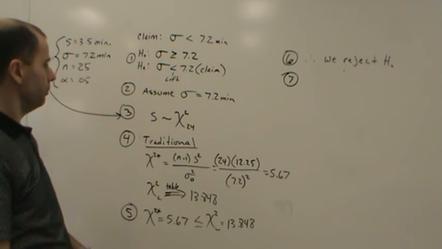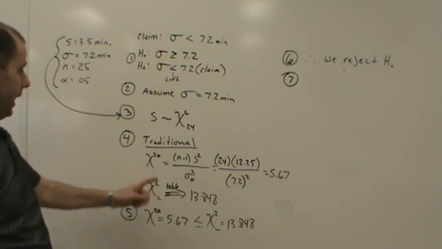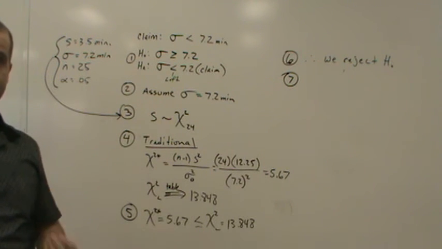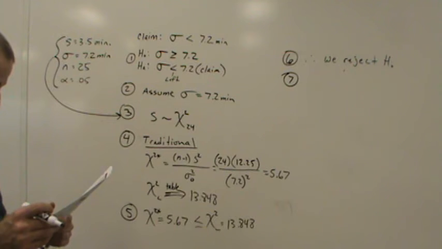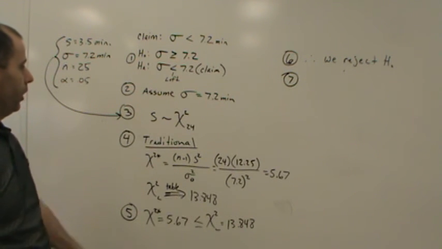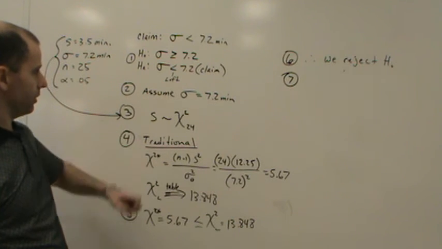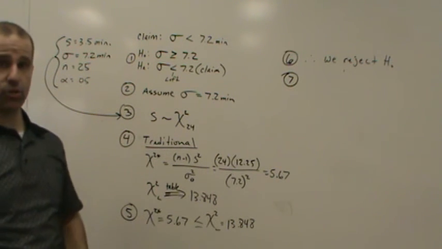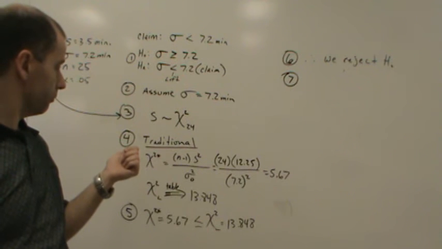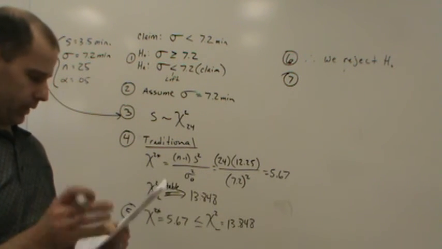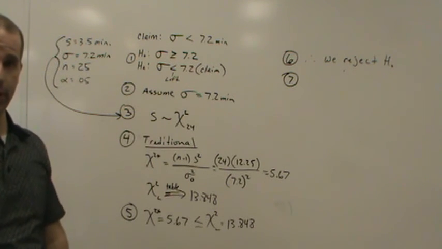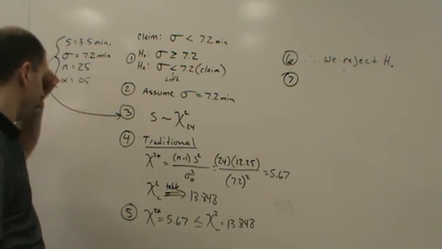So at an alpha level of 0.05, there is strong evidence to support the claim that the standard deviation for the waiting times for the post office customers, let me repeat that, I'm getting a little scatterbrained.